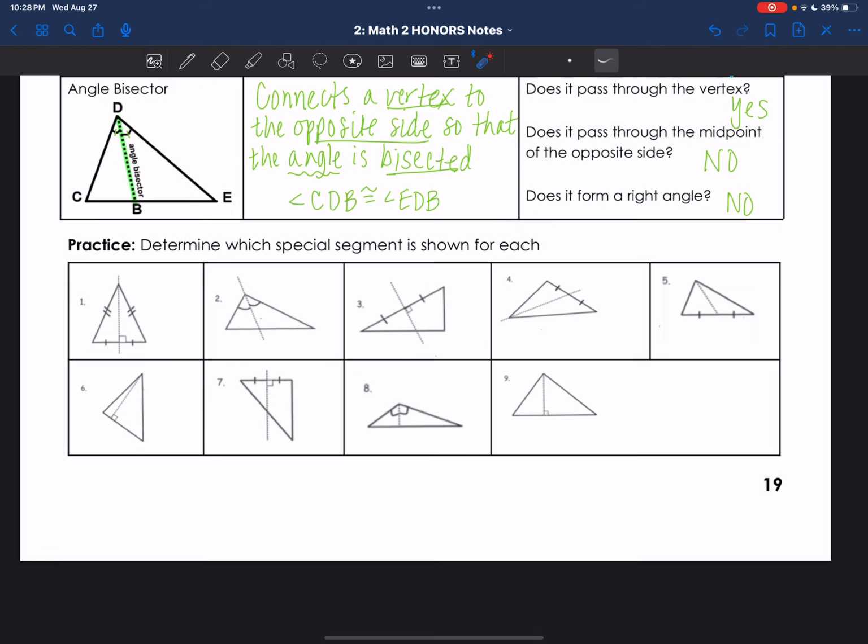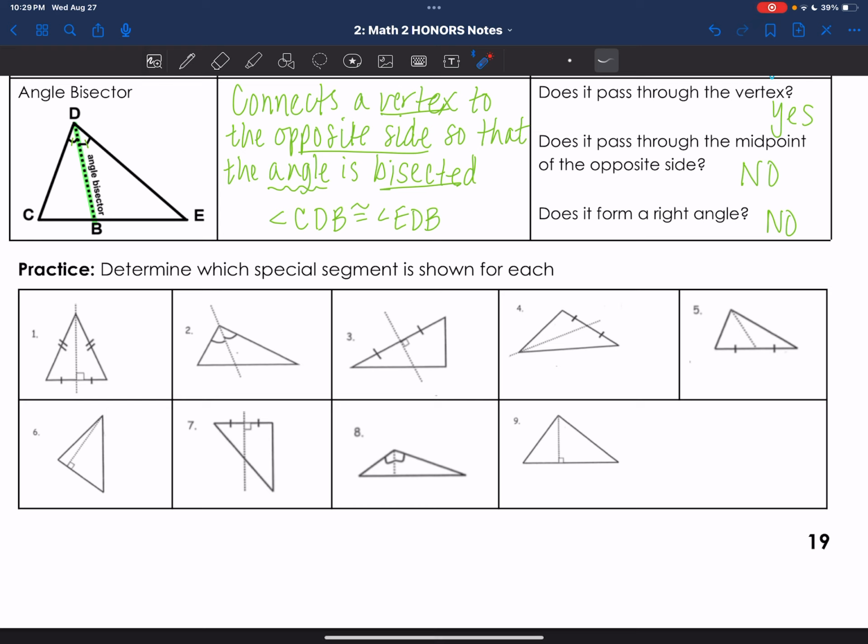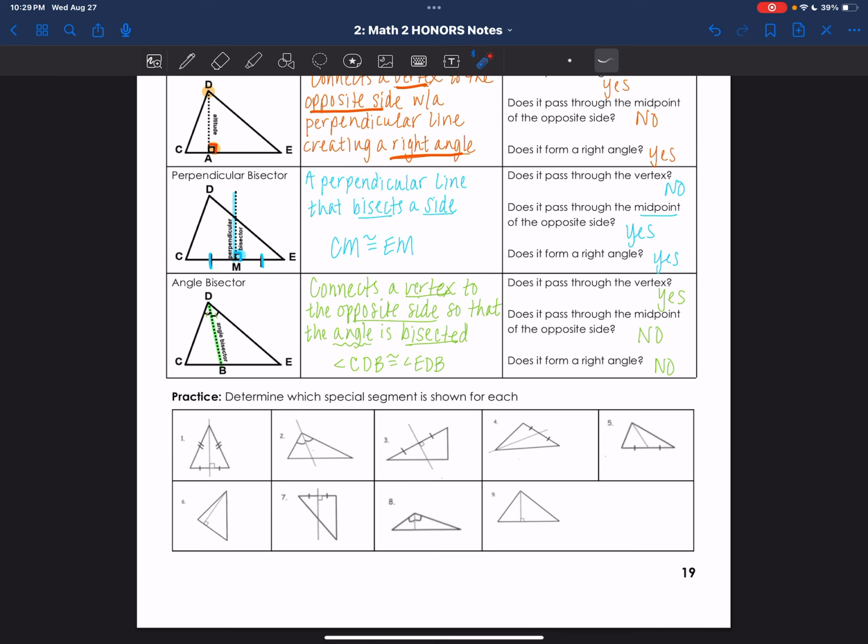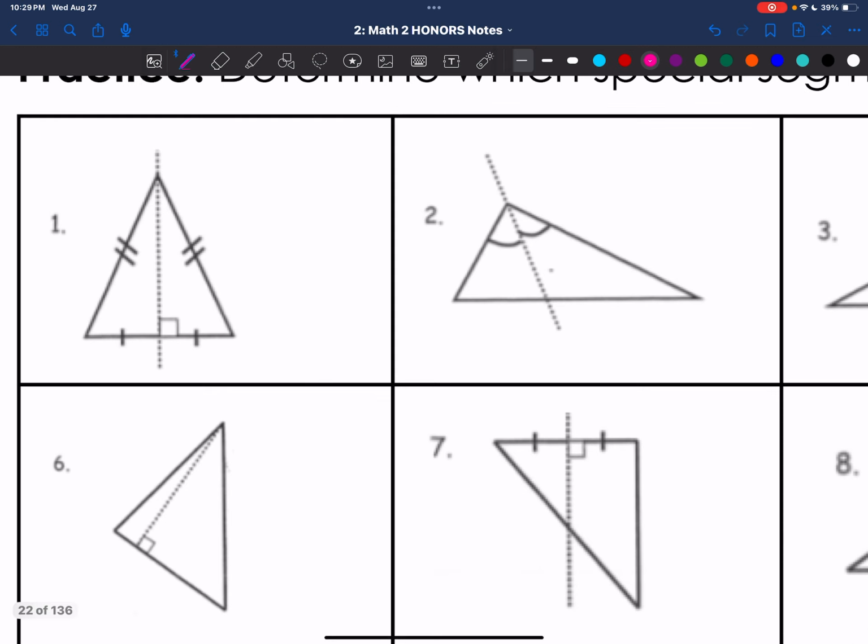All right, so what I want you to do is look at these angles here and determine which special segment is shown for each. I'll do a couple with you. For this first one, I'm noticing this line here. I'm seeing a right angle and I'm seeing congruent sides.